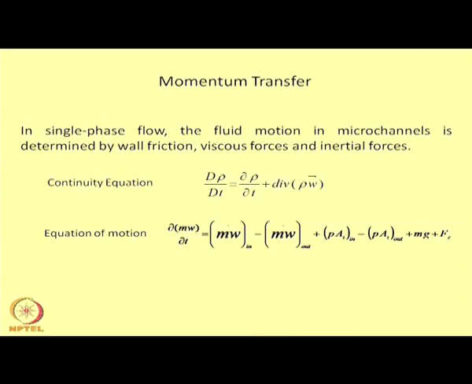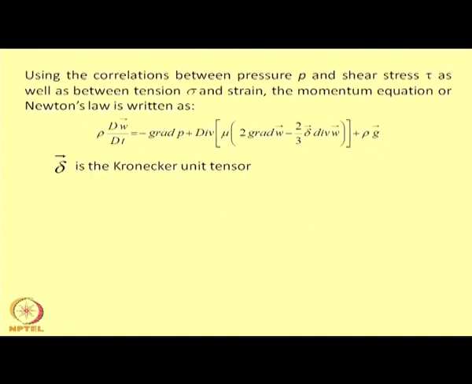So, the first two terms represent the addition of momentum to the control volume. The next two that contain the pressure are the effect of surface forces, in this case identified as the pressure. The next term is the body force mg, and the last term is the additional forces which are present in such systems.